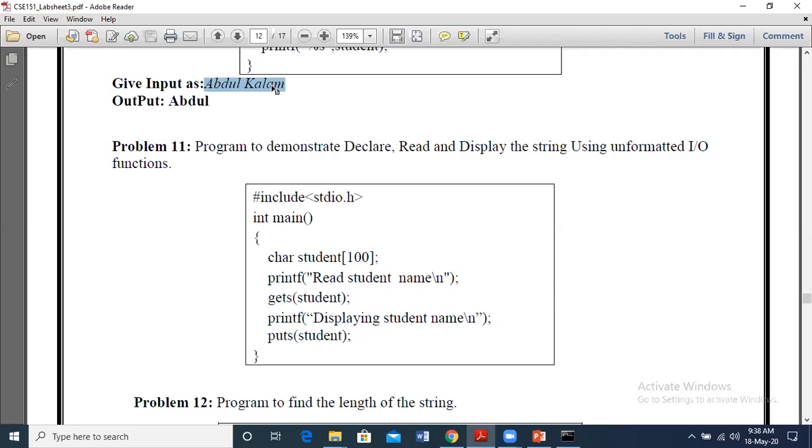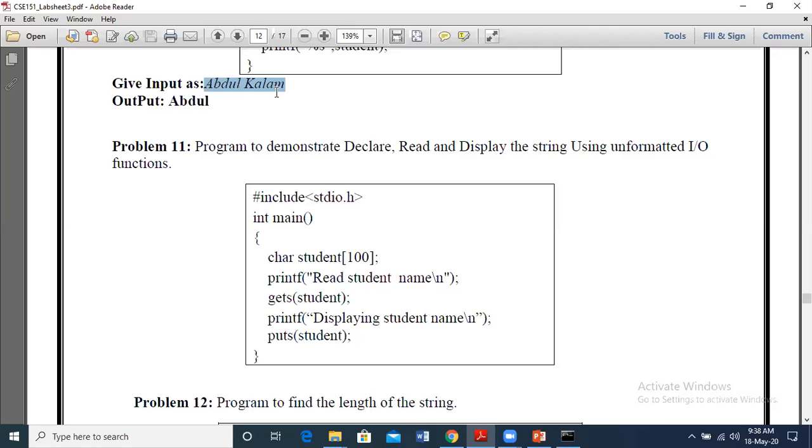What do you think will be the output for problem 11, if the input is Abdul Kalam? Abdul Kalam.